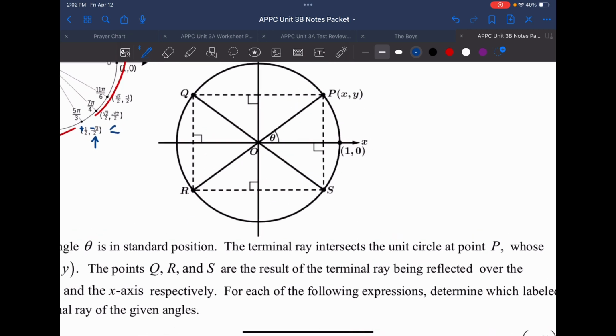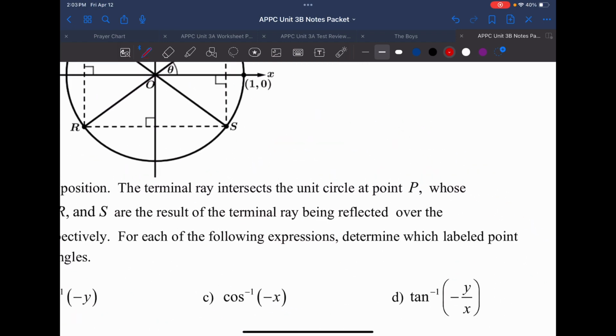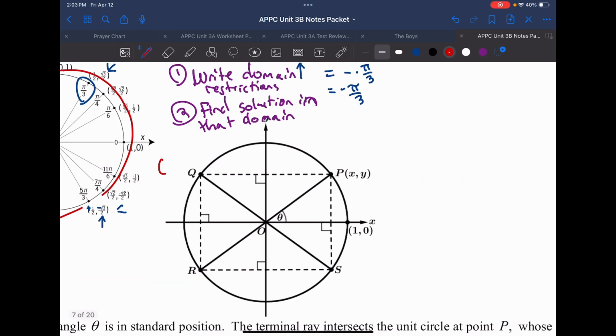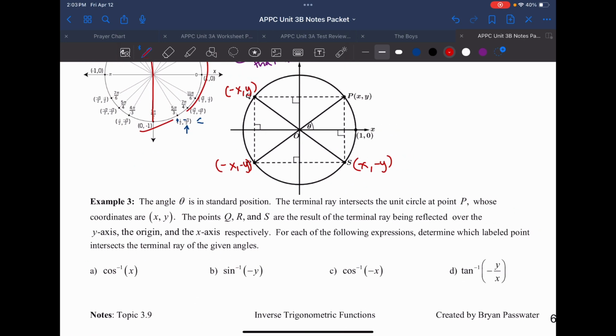So, that was a lot, but we know from a previous problem that we can rewrite all of this. If that's x, y, I can rewrite this as negative x, y, just knowing what's negative in each quadrant. X, negative y. And we just evaluate it like we normally would.